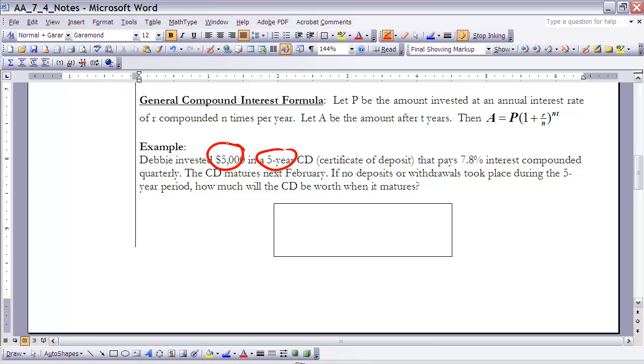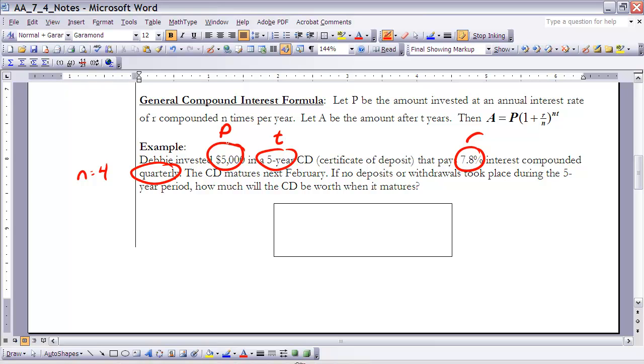It pays 7.8%, so there's your R value. So once again, this is T, this is R, this is P. Compounded quarterly. Well, quarterly tells me that my n value is going to be equal to 4, because if I'm compounding it quarterly, I'm compounding it 4 times a year.